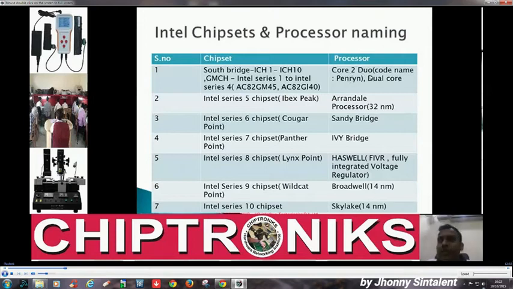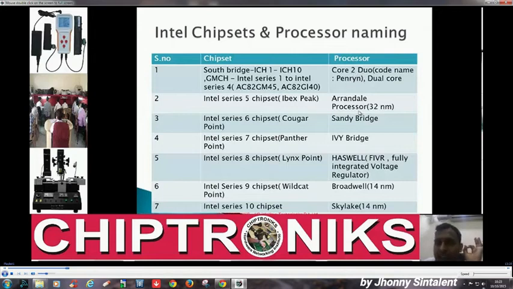Sometimes your processor is faulty, or your notebook motherboard won't work if you do not insert the correct processor. So you have to know what kind of processor is written, because the schematic diagram states the exact processor to be used.